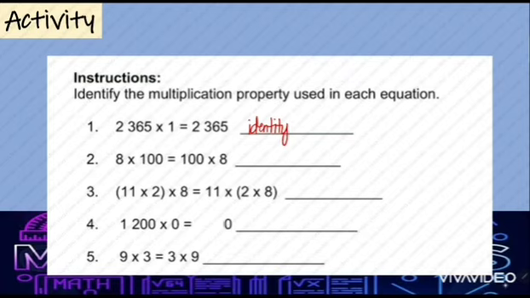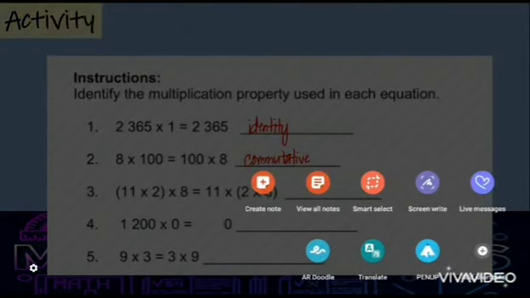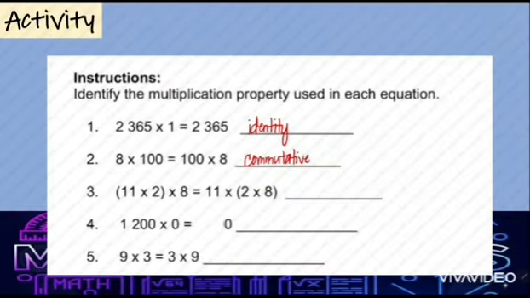Next, 8 times 100 is also equal to 100 times 8. So, ang ginamit natin dyan is the commutative property of multiplication. Next we have quantity 11 times 2 times 8 is equal to 11 times quantity 2 times 8.